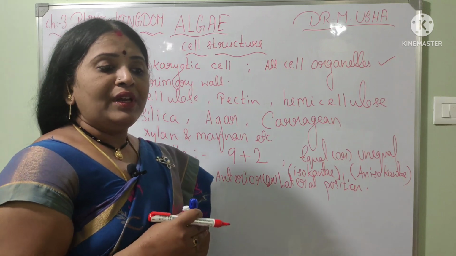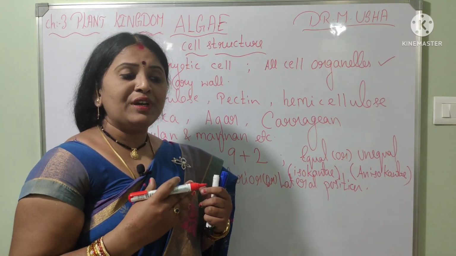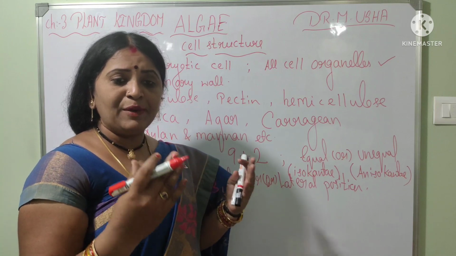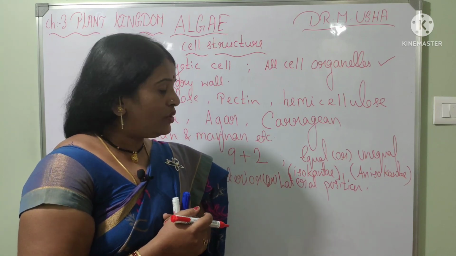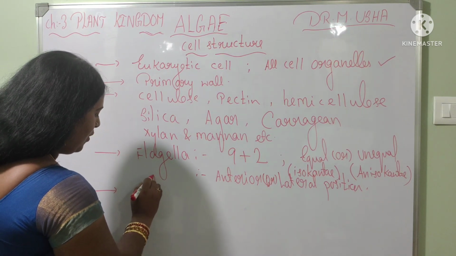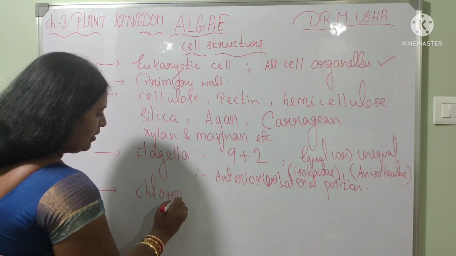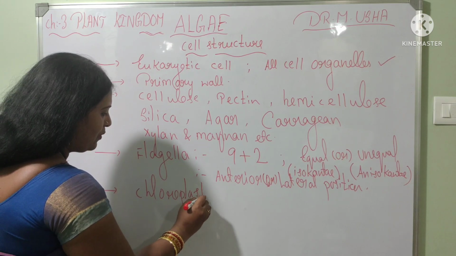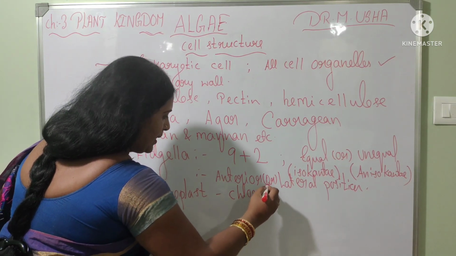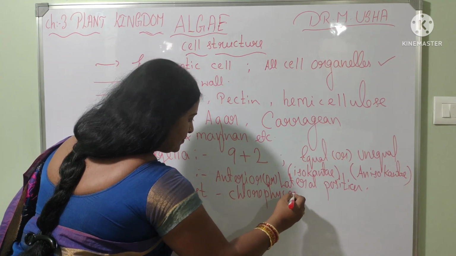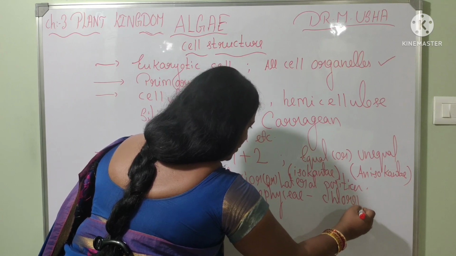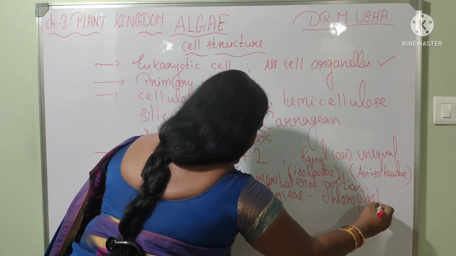Now we need to observe that different kinds of algae have different types of chloroplast. The chloroplast found in chlorophyceae, green algae, is simply chloroplast.